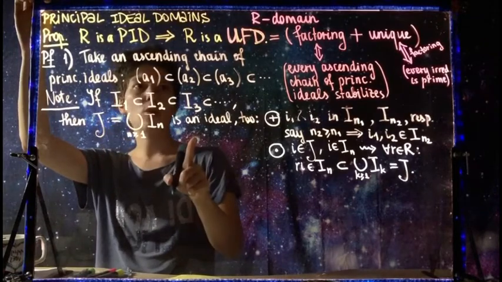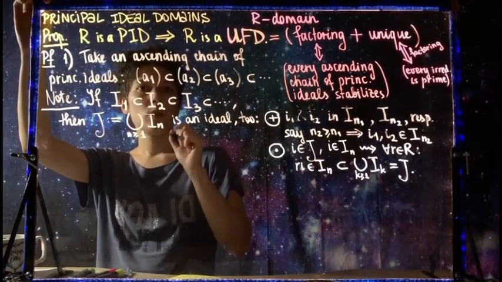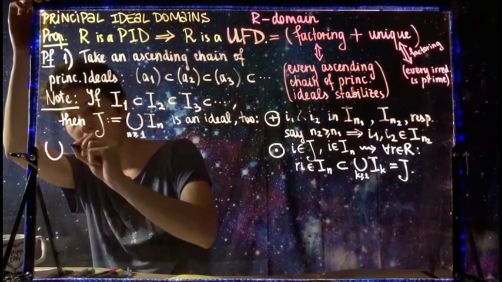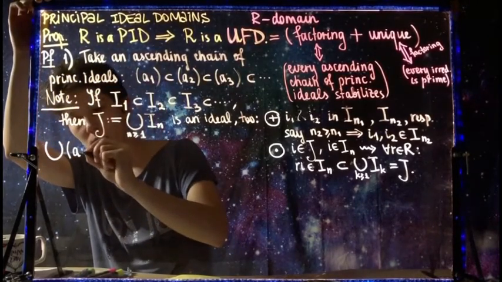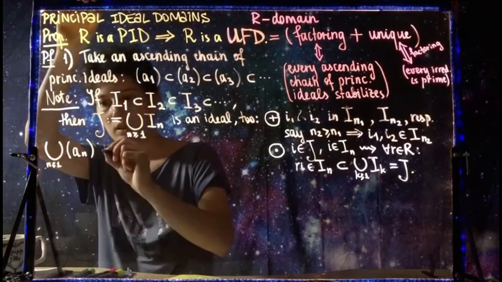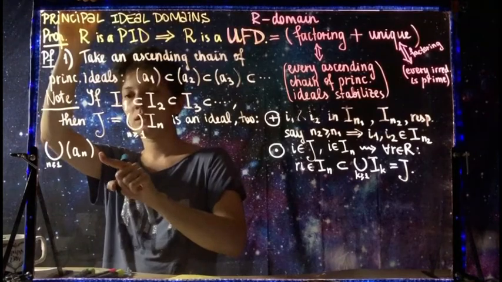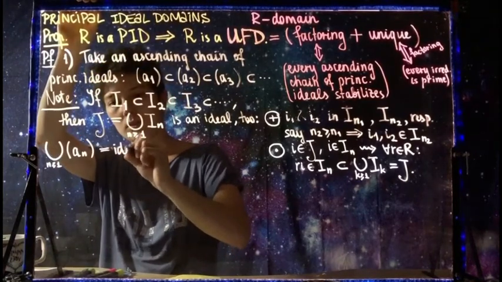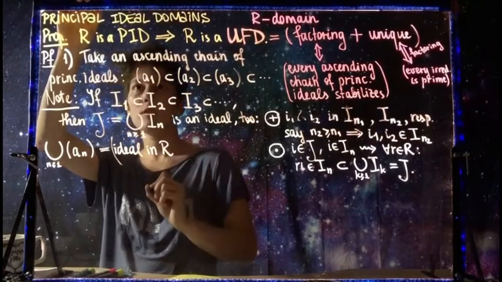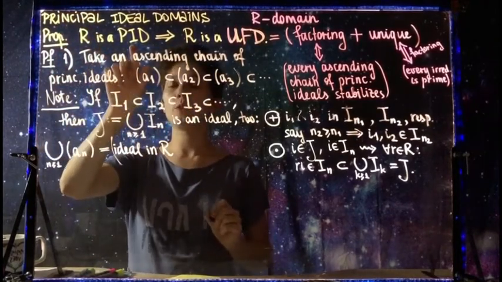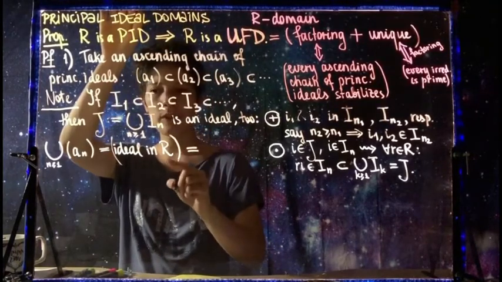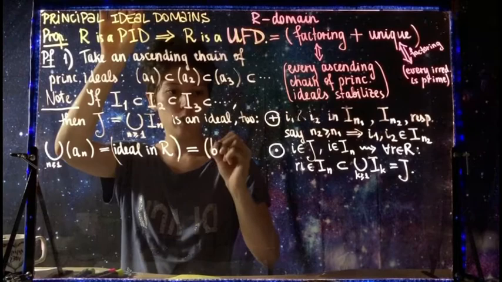And so from this note, we say that the union of A_N, starting from 1, is an ideal in R. But R is a principal ideal domain, so there exists an element B inside of R which generates this ideal.